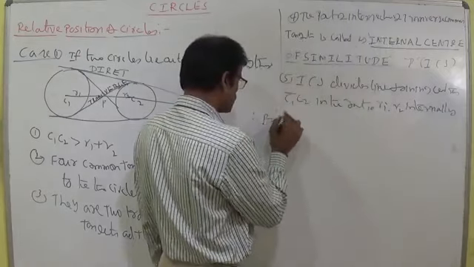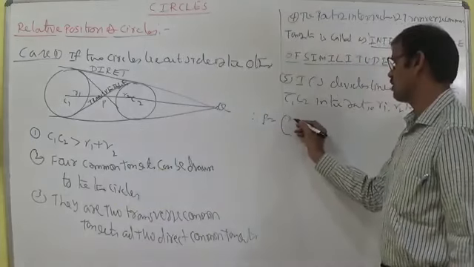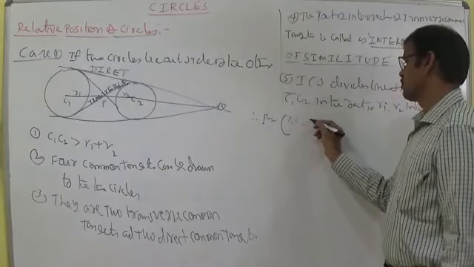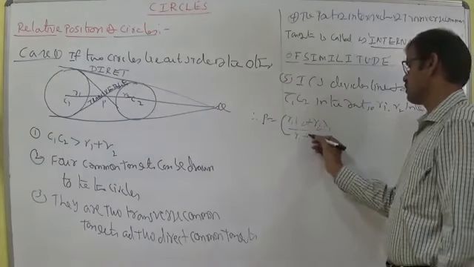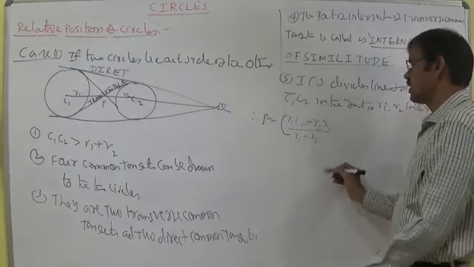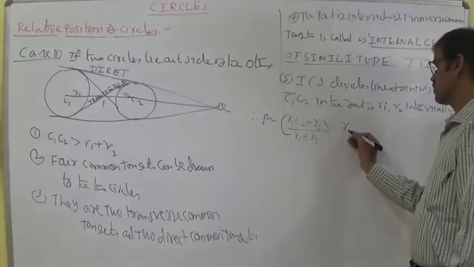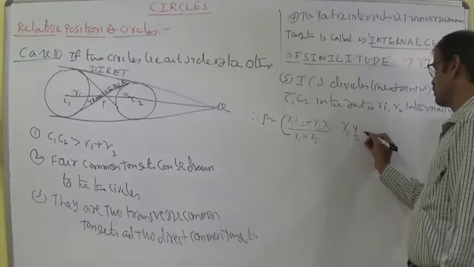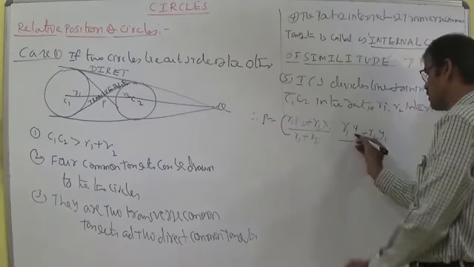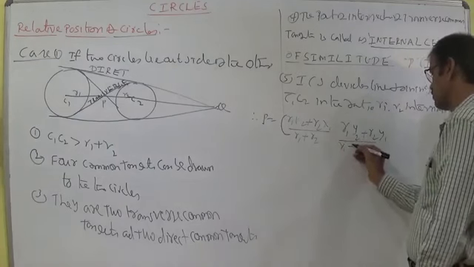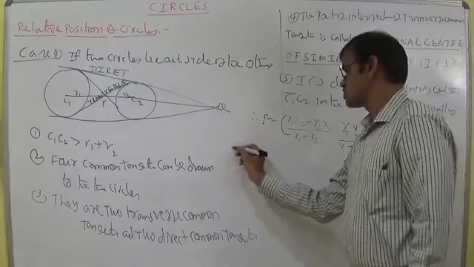Therefore, you write here P is equal to the internal ratio formula, R1x2 plus R2x1 by R1 plus R2. The formula is M1x2 plus M2x1, otherwise Mx2 plus Nx1 model. Next you write R1y2 plus R2y1 by R1 plus R2. This is fifth point.